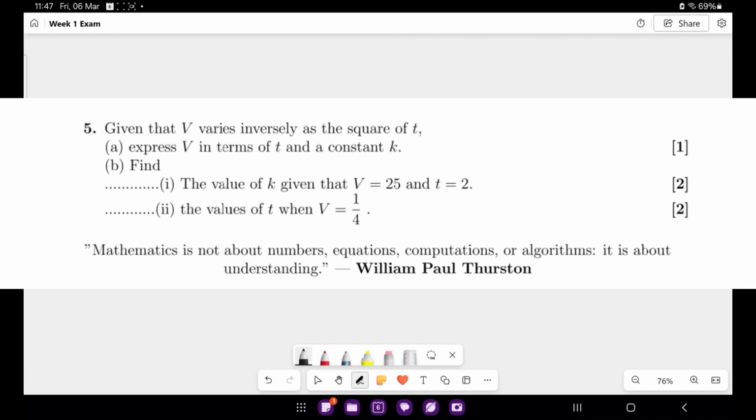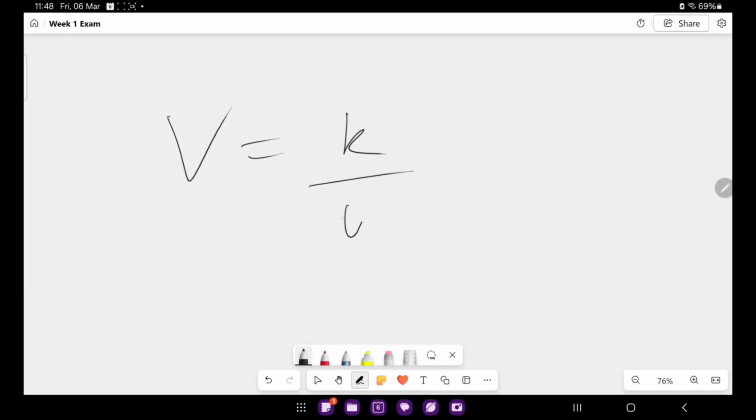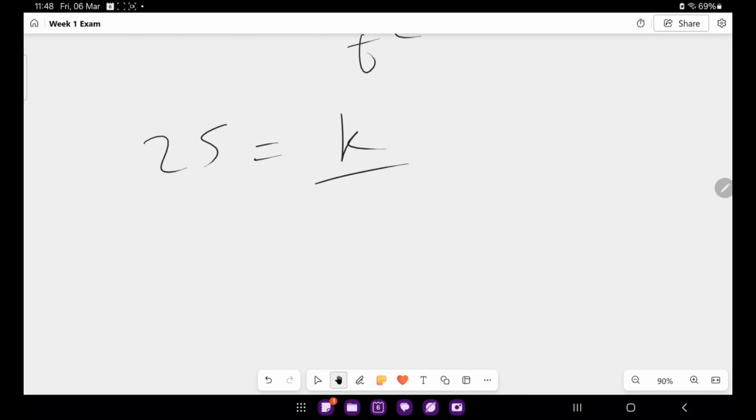B item 1 says, find the value of k given that v is equal to 25 and t is equal to 2. So now we're going to use our equation that we formed, k over t squared. Now we're going to replace the values v and t with the values that were given. So 25 is equal to k over 2 squared. And now we have to make k the subject of the formula.